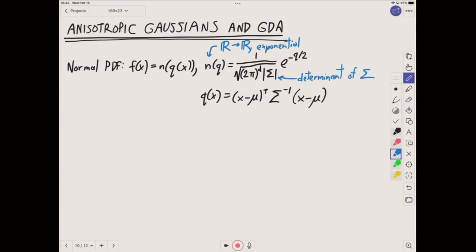And the function q takes a vector in feature space and maps it down to a single real number. And this one is quadratic, so it's relatively easy for us to understand.